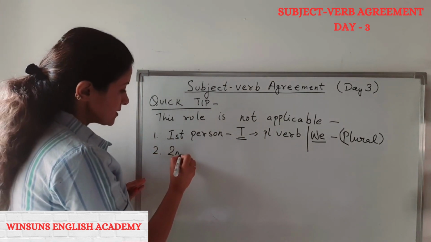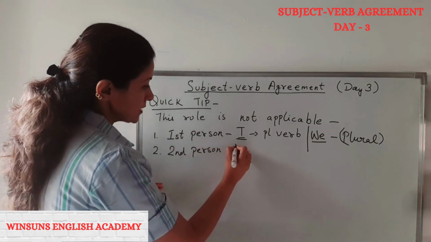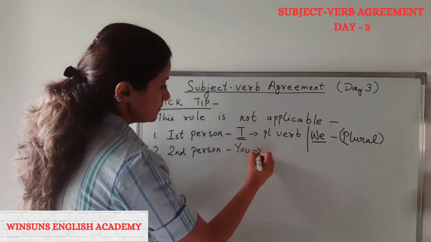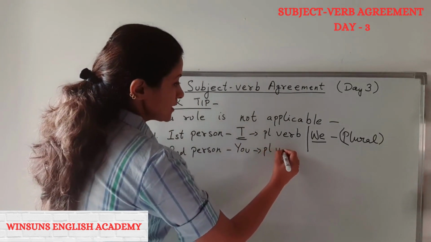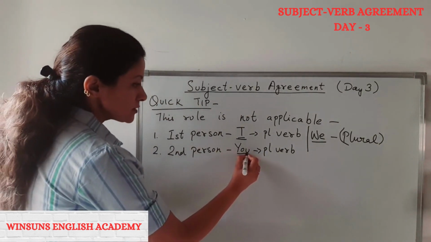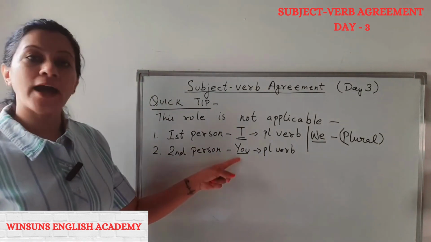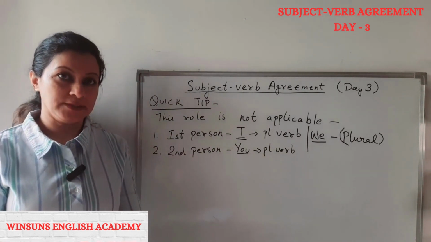When it's about the second person, that is you. You is again singular, but it will always take the plural verb. I'll tell you why. You is taken both as singular as well as plural. How? Suppose I'm talking to you. You are one person, okay?